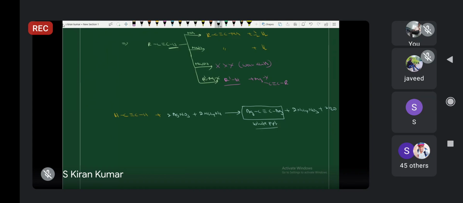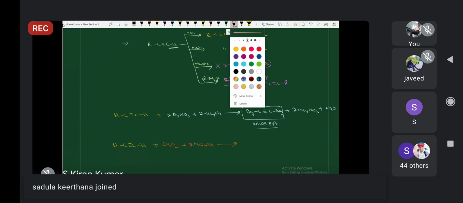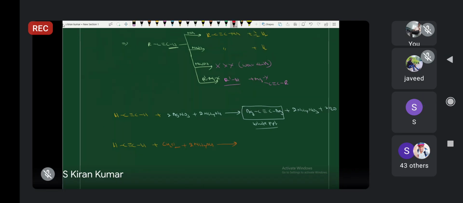One more reaction, when acetylene reacts with cuprous chloride, Cu2Cl2, with ammonium hydroxide, it forms the copper acetylide, plus 2 moles ammonium chloride plus H2.